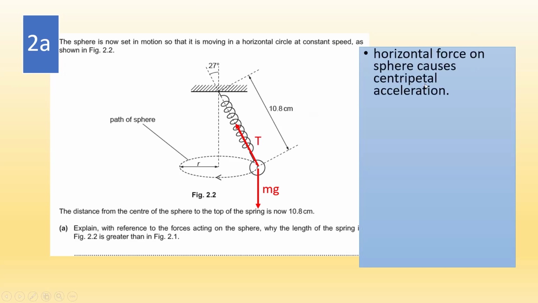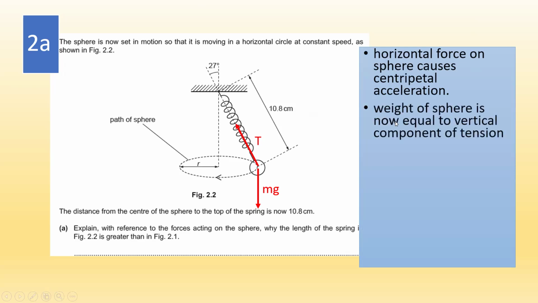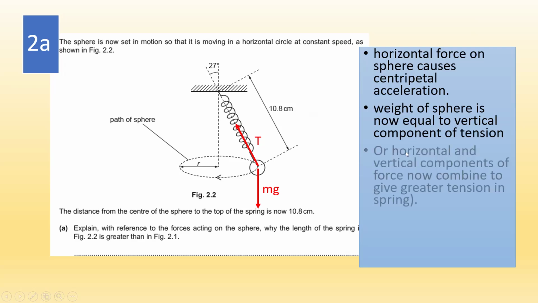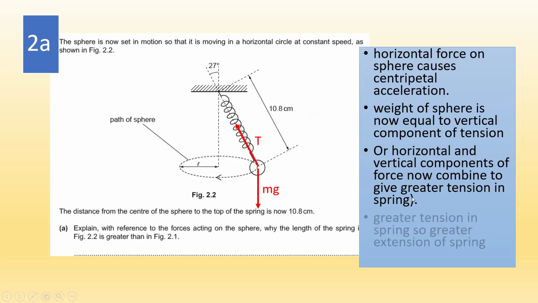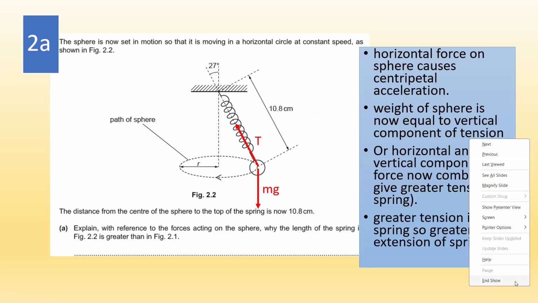Horizontal force on the sphere causes centripetal acceleration. Weight on the sphere is now equal to the vertical component of tension, so the horizontal and vertical components of force combine to give a greater tension in the spring. Greater tension in the spring, so greater extension in the spring. Can I understand? Yeah.